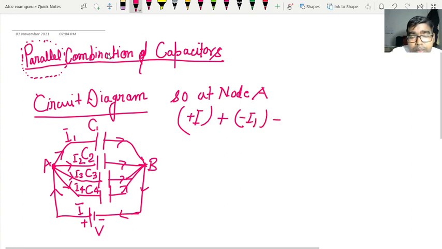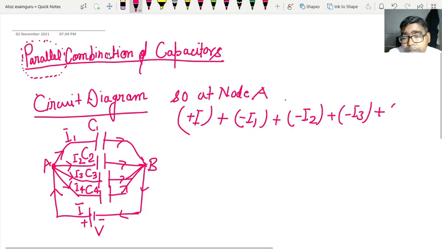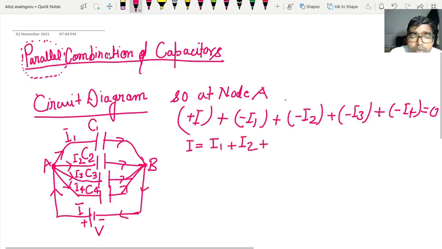I1 is negative, plus I2 is negative, plus I3 is negative, plus I4 is negative. If you sum up, this whole algebraic summation is equal to 0, and this is I equal to I1 plus I2 plus I3 plus I4.